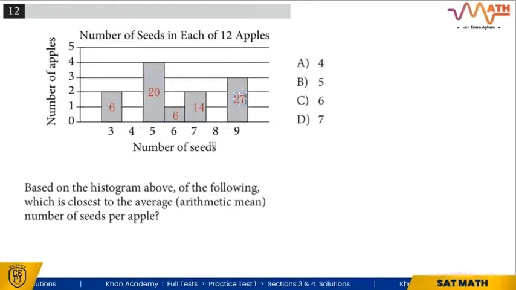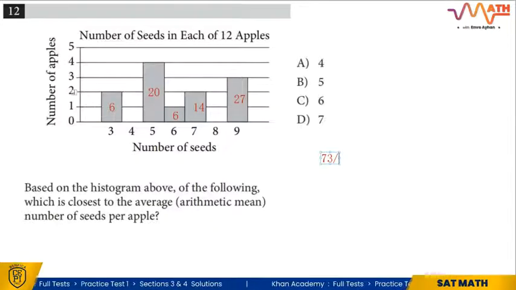So how many apples we have? This is the number of seeds. The total will be how many seeds? 6, 46, 73, right? 73. And divided by per apple. How many apples we have?